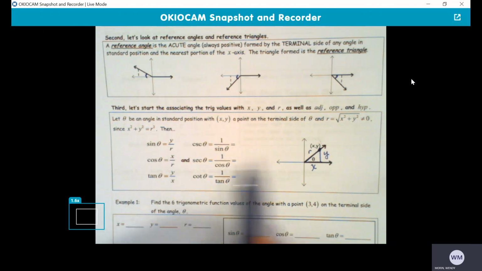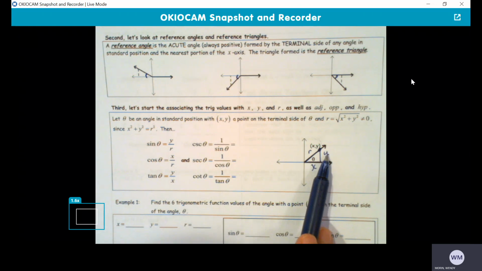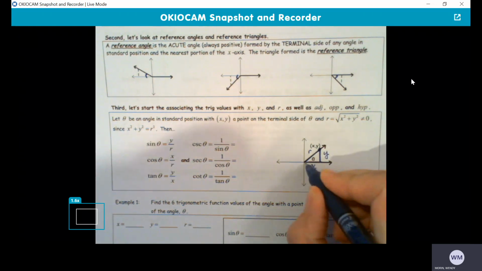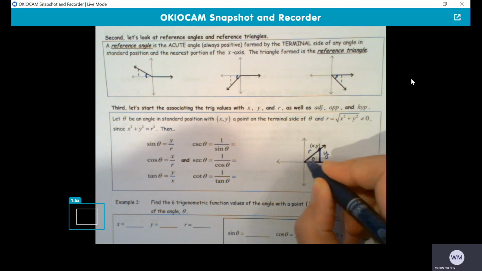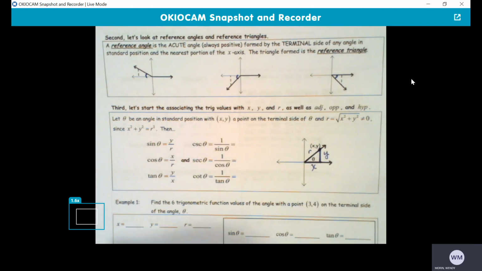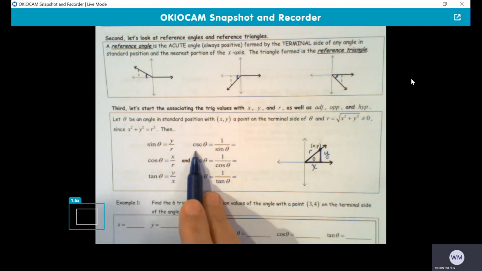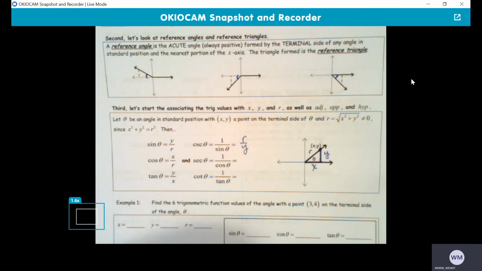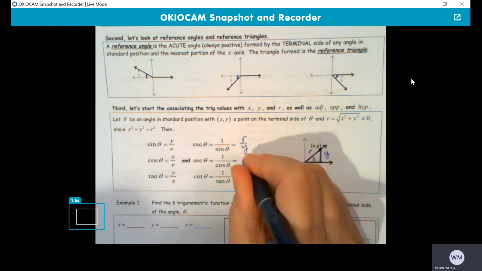Okay, so this is just another way of associating trig values. Instead of using opposite, again, we use the y value, because this is the y value over the radius of the circle. The cosecant would be r over y, or we could just call it hypotenuse over opposite.